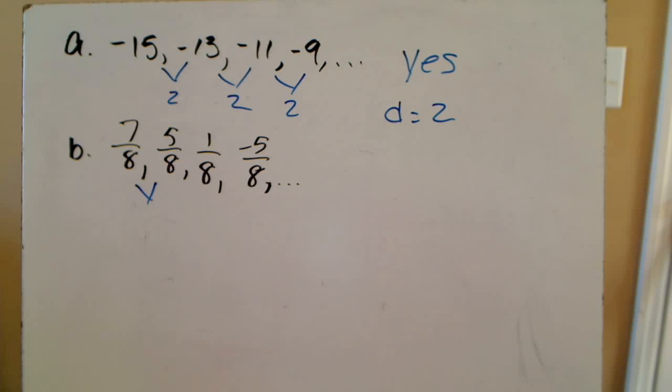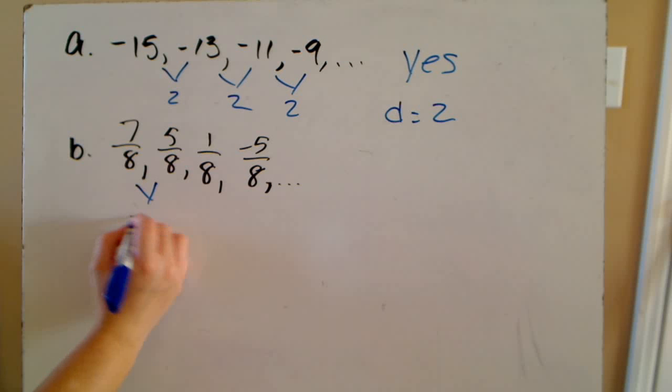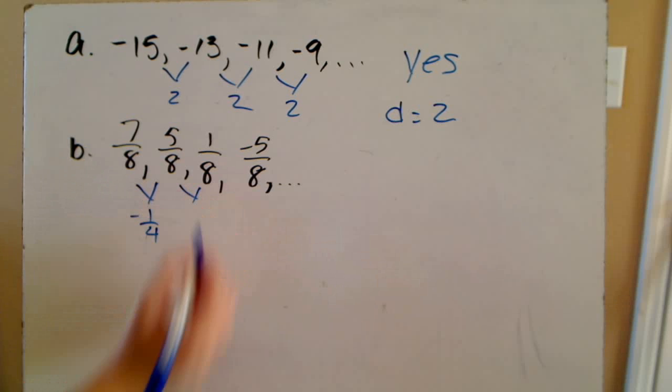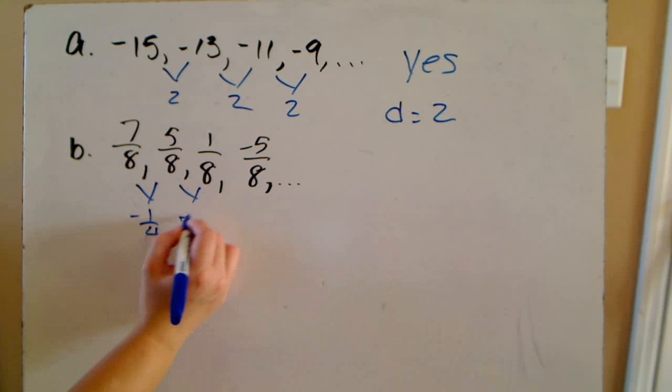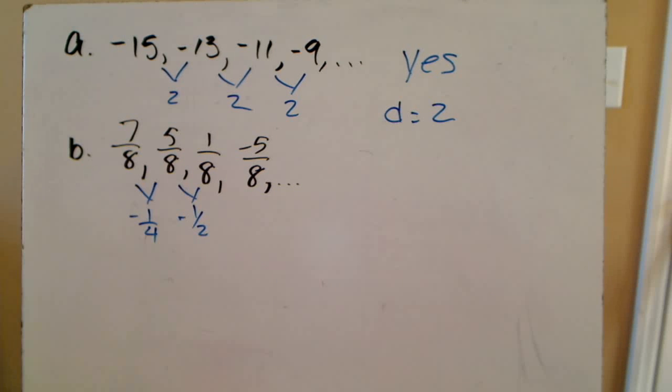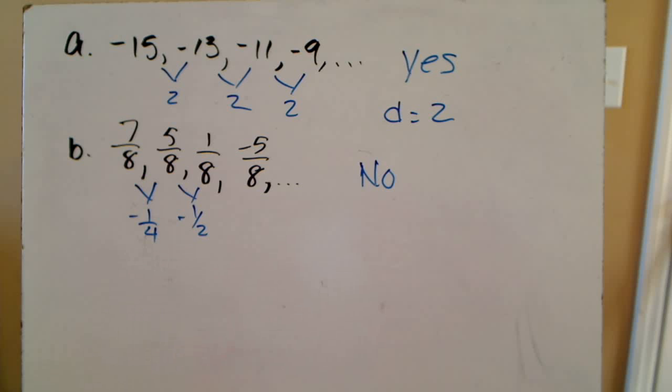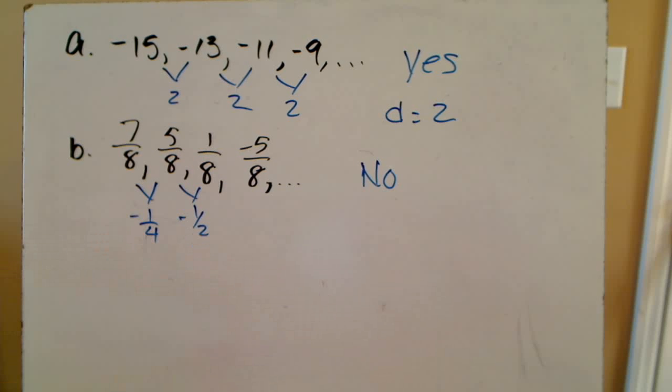Between 7/8 and 5/8, I have negative 1/4. Between 5/8 and 1/8, I have negative 1/2. So because already off the bat I know they're not the same, I know this is not an arithmetic sequence, because they're not the same in between each one. Fairly simple.